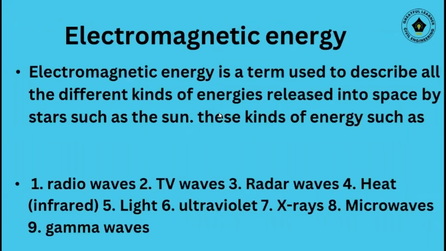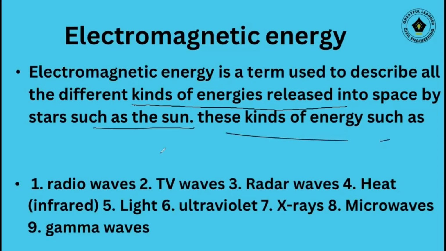Okay, now one of the terms is electromagnetic energy. So first of all, what is electromagnetic energy? Electromagnetic energy describes all the different kinds of energy released into space by stars such as the sun.